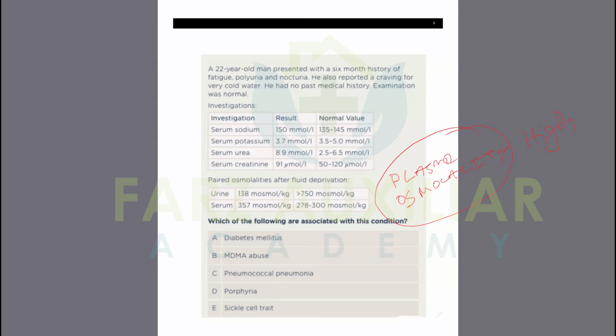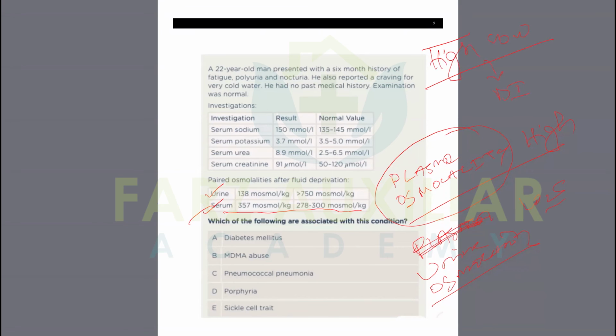Sickle cell. Why? What is the diagnosis here actually? Sir, diabetes insipidus. Nephrogenic diabetes insipidus. Yes, that's the thing. The high-low rule. The plasma osmolality or serum osmolality is high, and the urine is low. So in case of the high-low rule, you should think of diabetes insipidus.